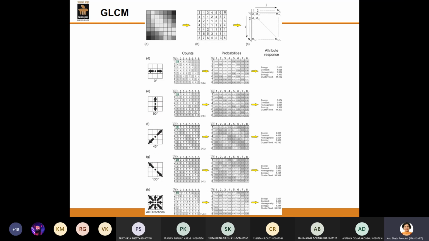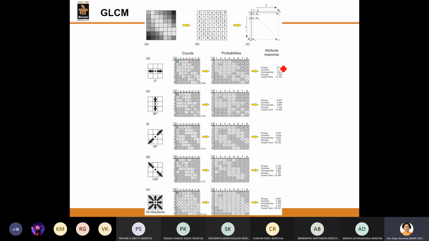So you have these 4 different directions, from which you can calculate the total count for each of the co-occurrences that you have, right? And from that you can normalize, and then calculate the different features which are available. You can also combine all the directions together and calculate the various features.